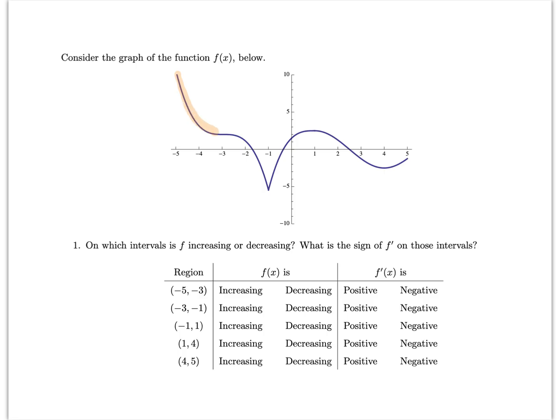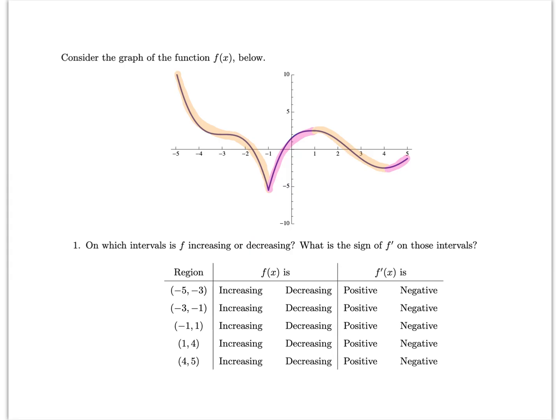So we've got decreasing until we hit this minimum value down here. And then I'll switch colors for increasing till we hit that maximum value. And then decreasing again until about 4, and then increasing from 4 to 5. Okay, so let's mark the region -5 to -3.